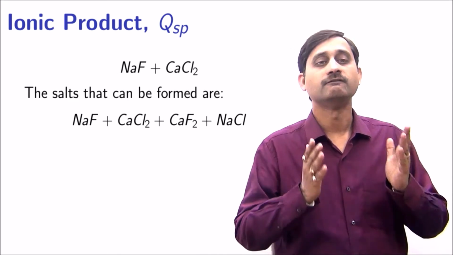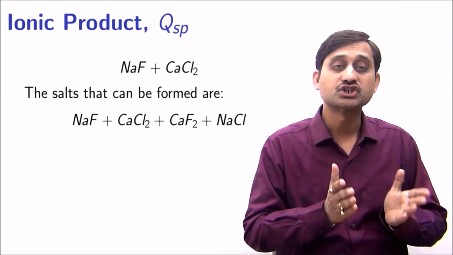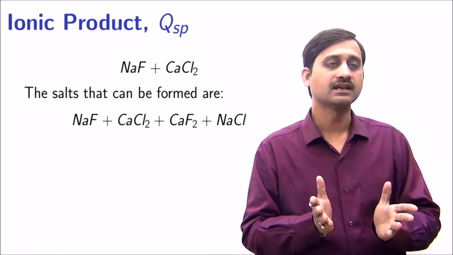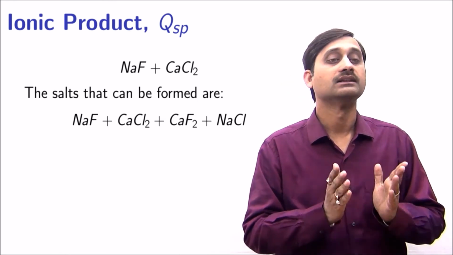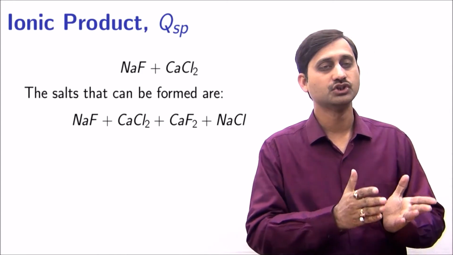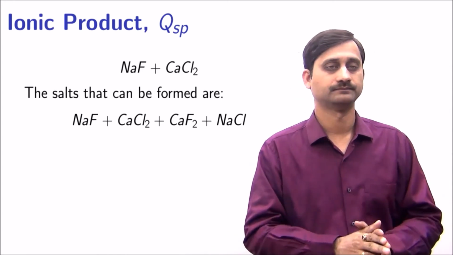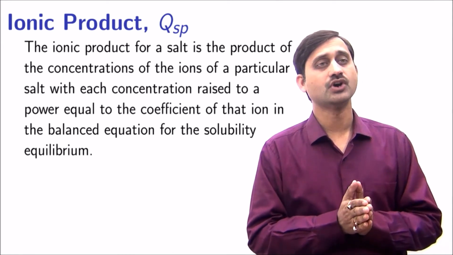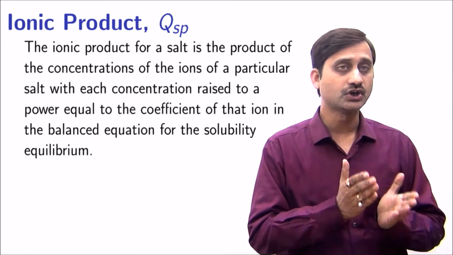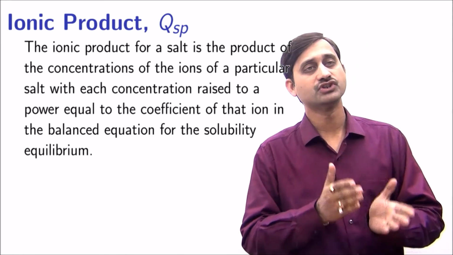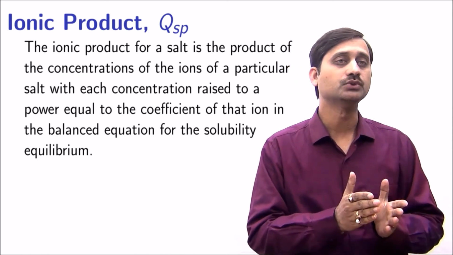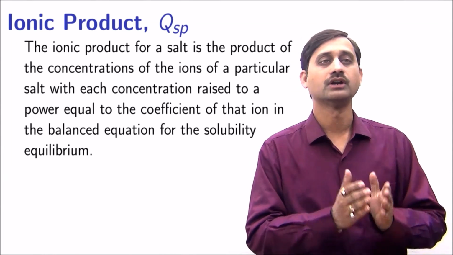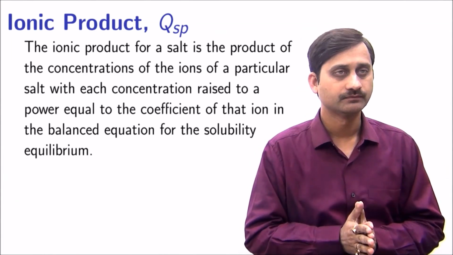So what we do is we find the reaction quotient Q, and in this case it is called the ionic product, Qsp. The ionic product of a salt is the product of the concentration of the ions of a particular salt with each concentration raised to a power equal to the coefficient of that ion in a balanced equation for the solubility equilibrium.